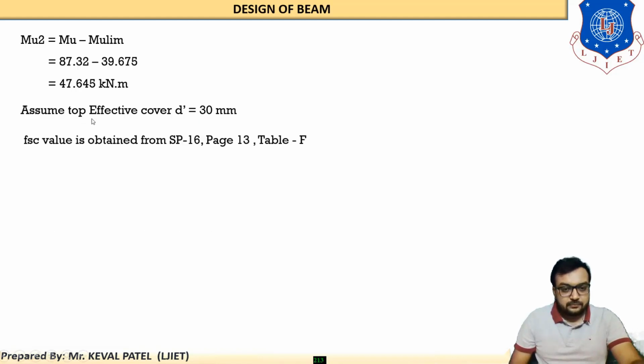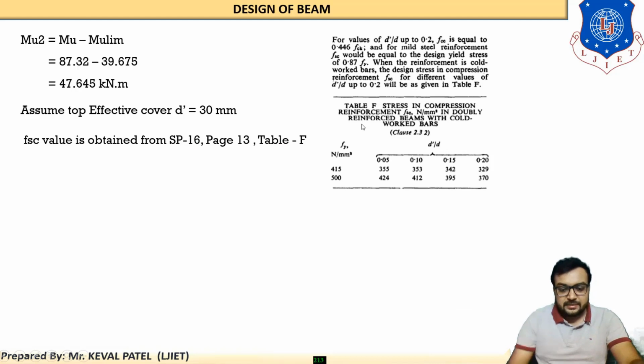After assuming the top effective cover, our value of FSC is obtained from SP16, page number 13, table F. You can see that this is our FSC, which means stress in compression reinforcement.